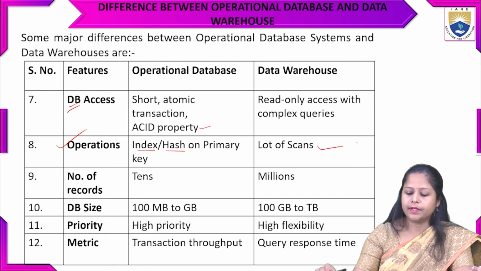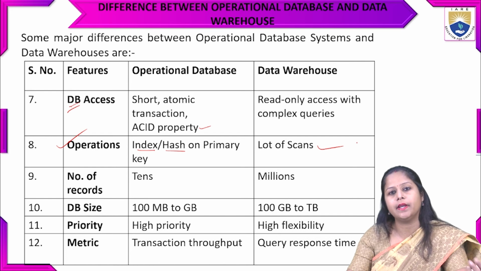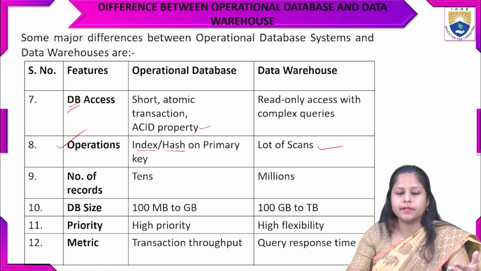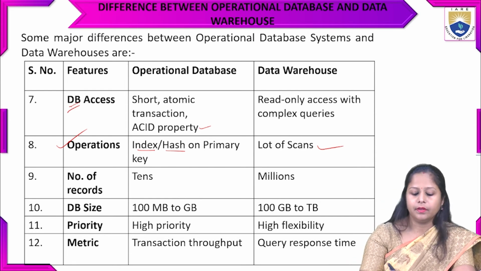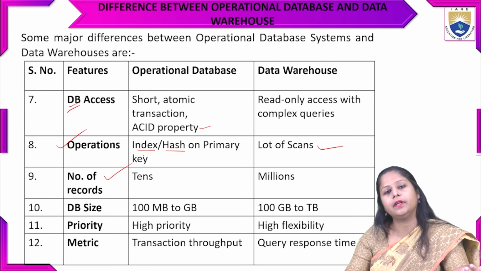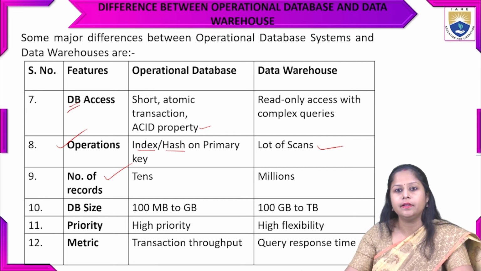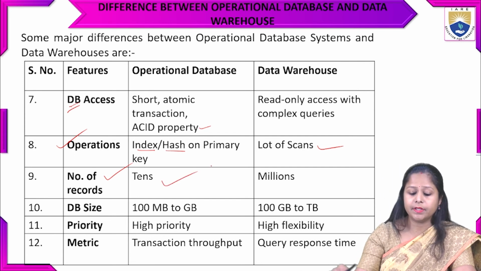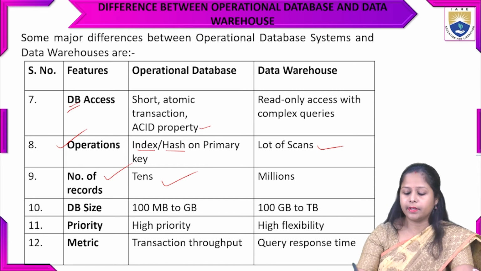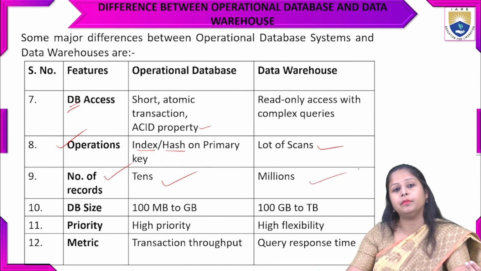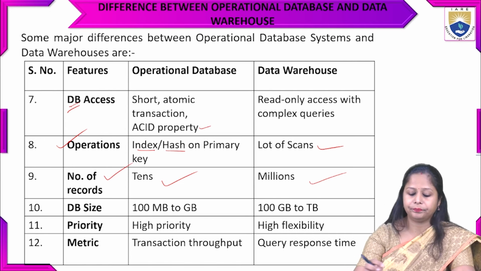In the data warehouse, there will be a lot of scans, and operations applied on that particular data, such as data cubes. In terms of records, the operational database can hold tens of records, but the data warehouse can hold millions.